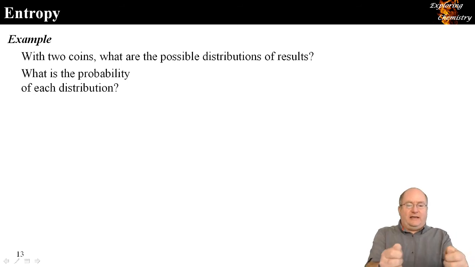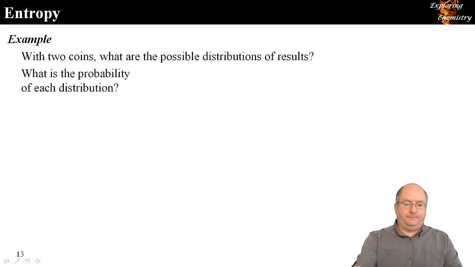Now, if I take the two together and I flip them, what is the probability that they both are heads? 0.25. How do you get 0.25 from flipping two coins? What do you need to do with the individual probabilities to get the overall probability of the combined event? You multiply them. Excellent. 0.5 times 0.5 is 0.25.